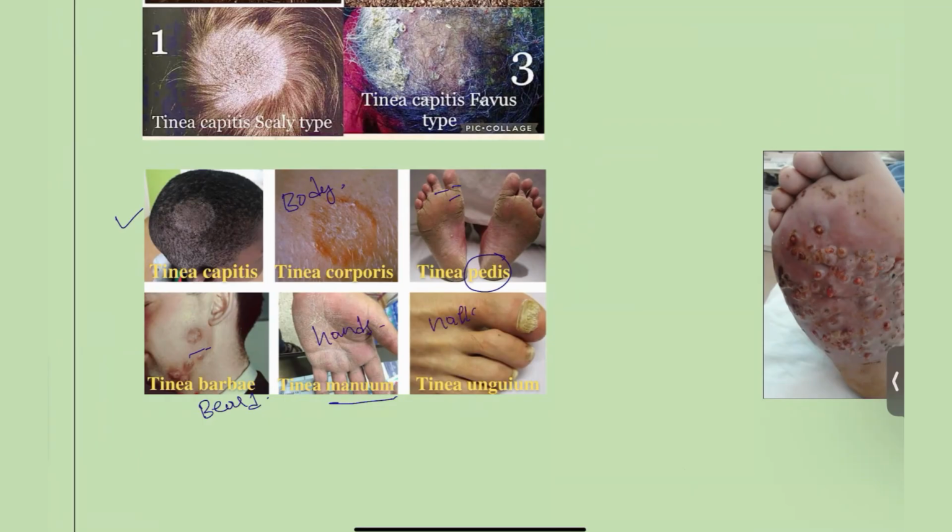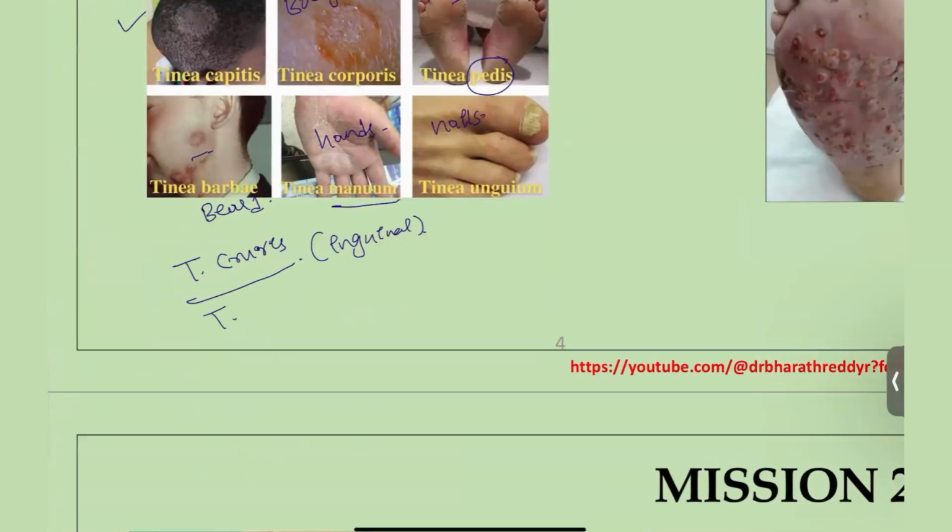Whereas the other, tinea cruris, this is known as jock itch. It is going to involve the inguinal or genital region. This is for the patients of tinea cruris. And another one is tinea incognita. These patients are going to have tinea like lesions, ringworm like lesions will be presented.